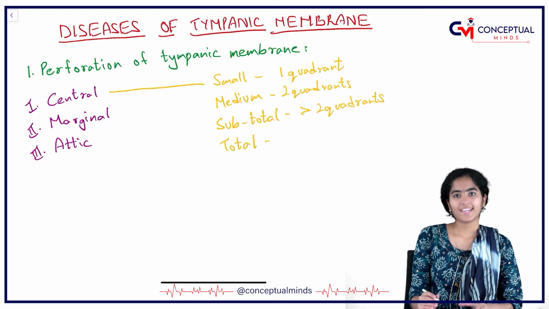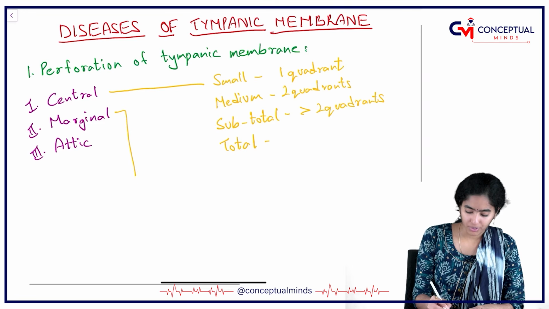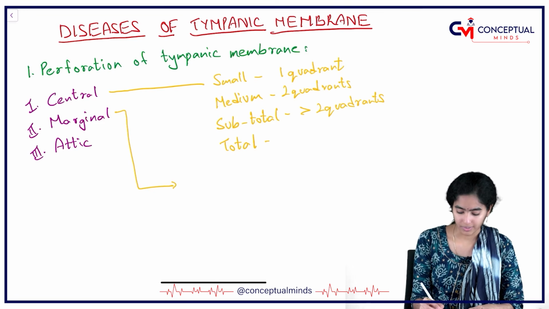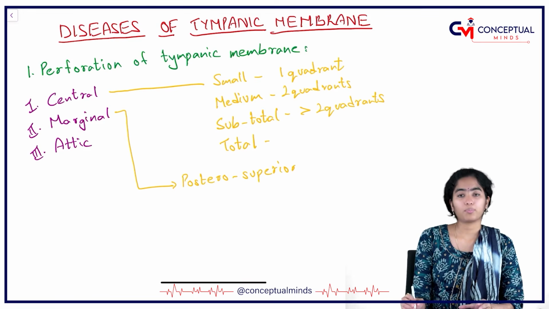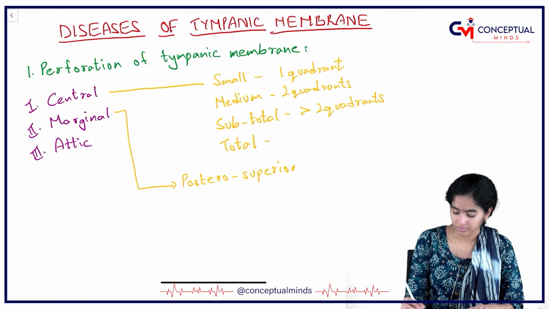And next let us move on to marginal perforation. A marginal perforation usually involves the posterior-superior quadrant. And the characteristic feature of marginal perforation is that the margin, the bony annulus, is also affected, eroded.